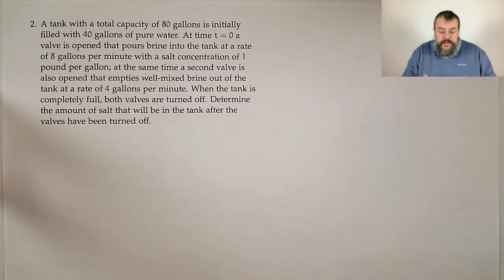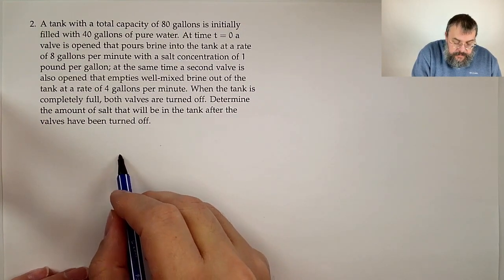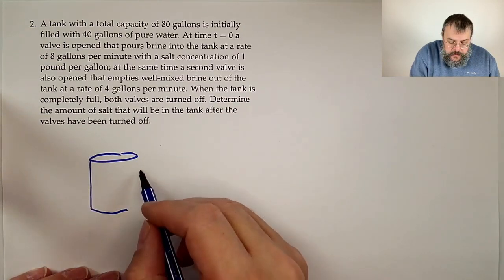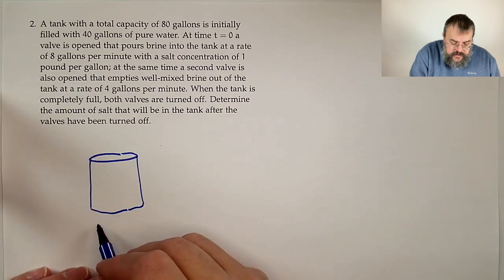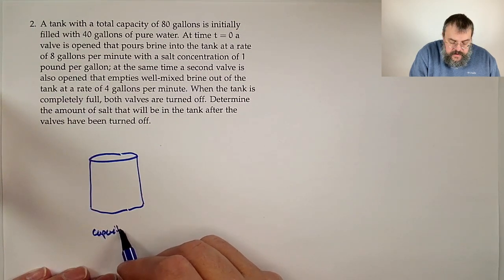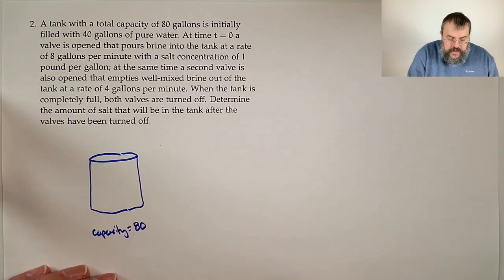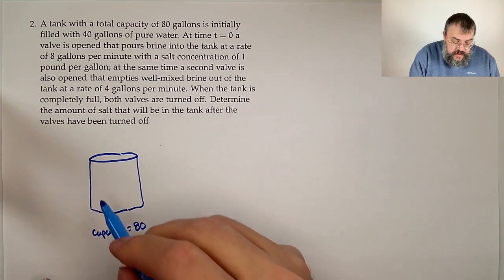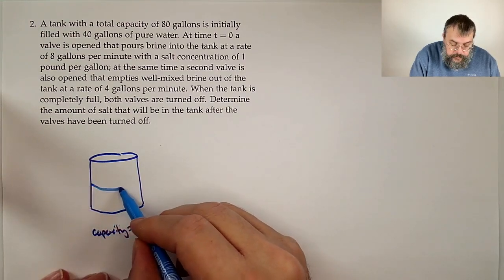So we have a tank, and it has a total capacity of 80 gallons. So we'll draw ourselves a little tank here. So here's our tank. So the capacity is equal to 80. And initially, it's filled with 40 gallons of pure water. So that means at time 0, it's half full.